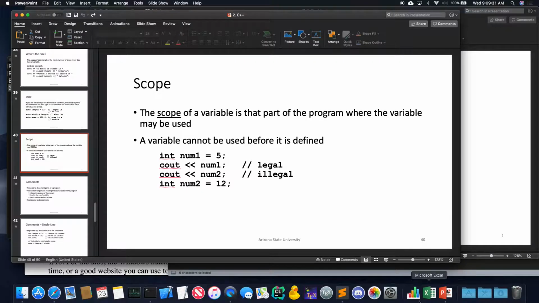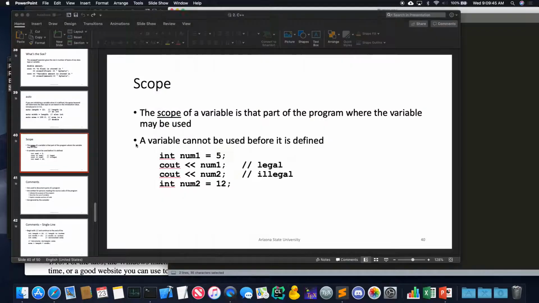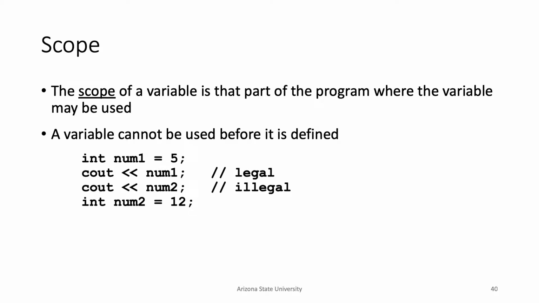So when I declare this variable called str, I can use str from line 7 in this case all the way through the rest of the program. That's the scope of the variable. Okay? So scope, all that means is where can you actually use it. So in this case, num1 is okay because I'm using num1 after the declaration in the first line up here.